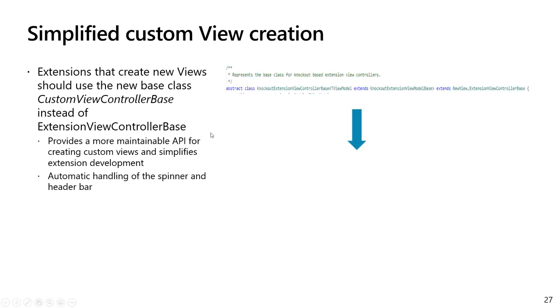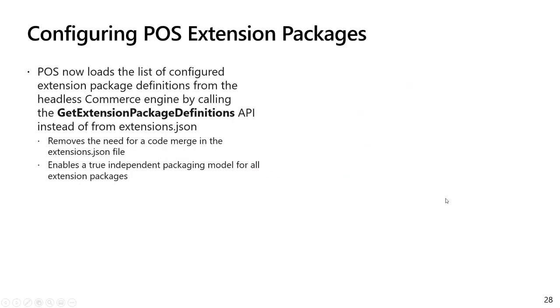Creating this new base class gave us a more maintainable API for extensions going forward, and enabled us to handle some of the common aspects, like the POS header bar and the spinner, automatically, without the view itself needing to add those controls. Those aspects are all now managed through the configuration. On the right here, you can see the basic change. We're no longer extending extension view controller base, and now we're extending custom view controller base.